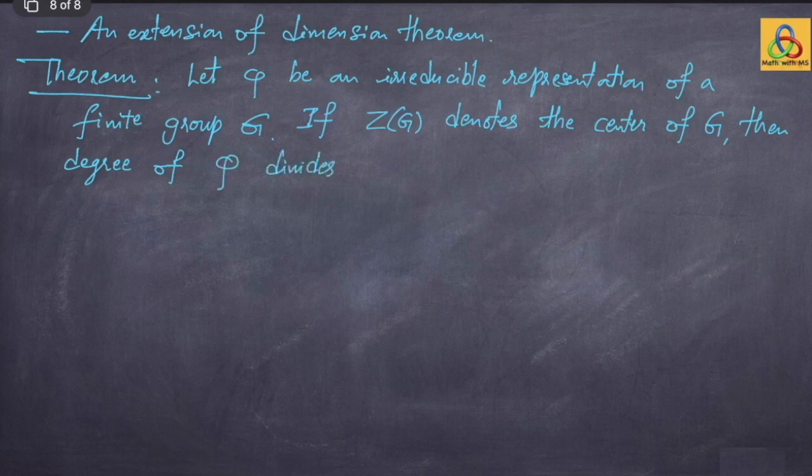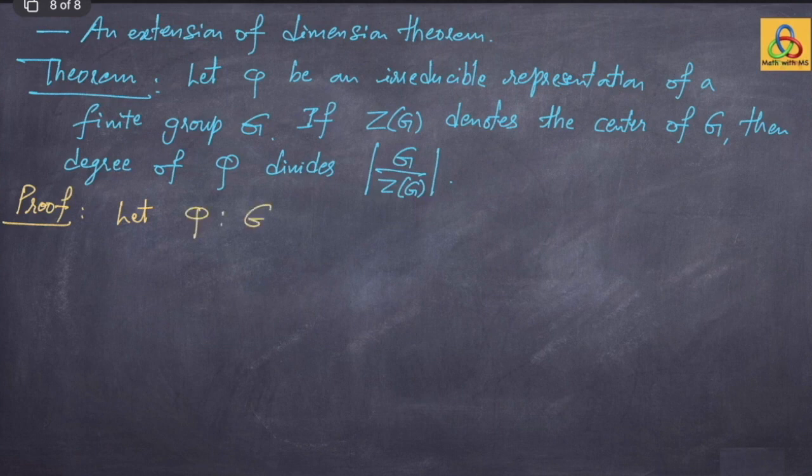That is, the degree of the representation divides the index of the center in the group G. So let us prove it. Let phi from G to GL(V) be the given irreducible representation.